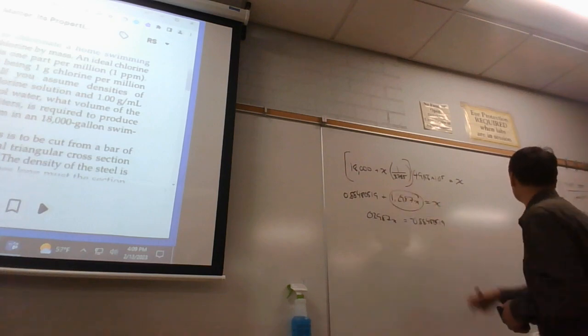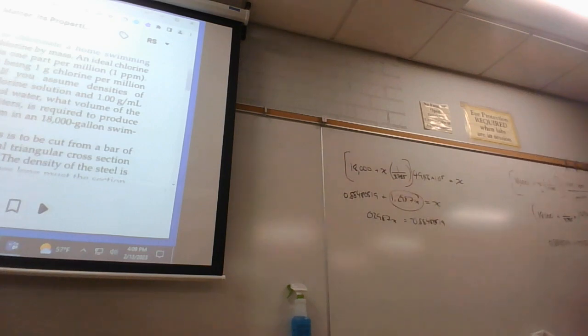So this is my mistake. X is equal to X. And so now I'm just going to subtract this from both sides, and then it's going to come out positive. So this is going to be 1 minus this. And so this is going to give me 0.9999959 X.